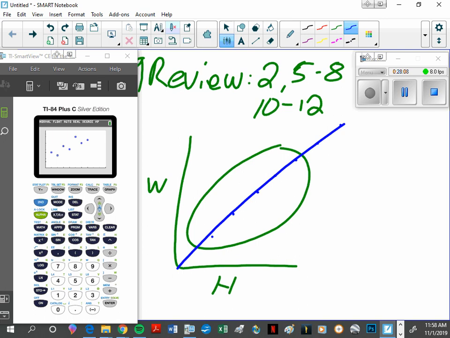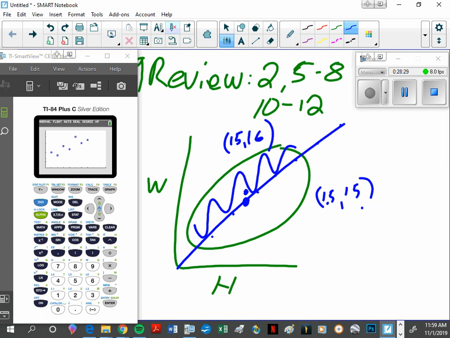So where are the people where the wives have more schooling than the husband? The top part. So this person right here might be 15, comma 15. Husband 15, wife 15. But up here, that person is 15, comma 16, where the wife has 1 more year of schooling than the husband. So anybody above the 45-degree line is a couple where the wife has more schooling than the husband. That makes sense?